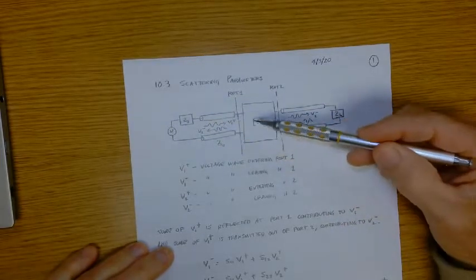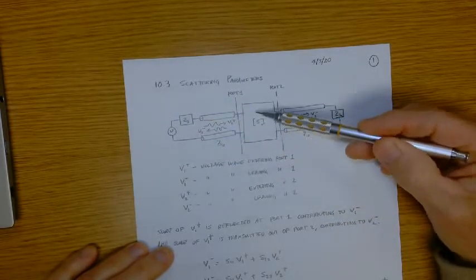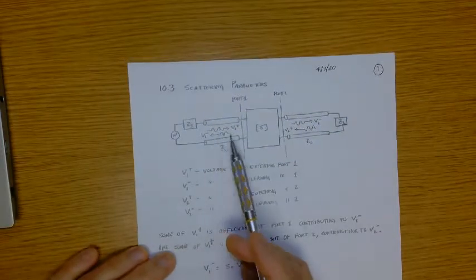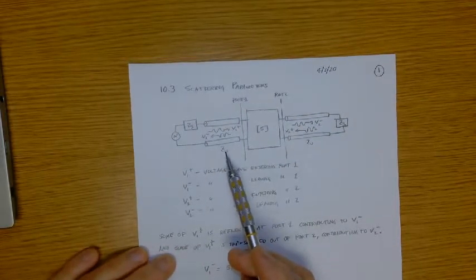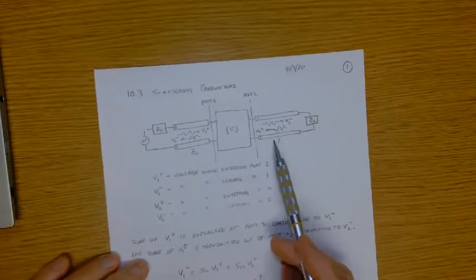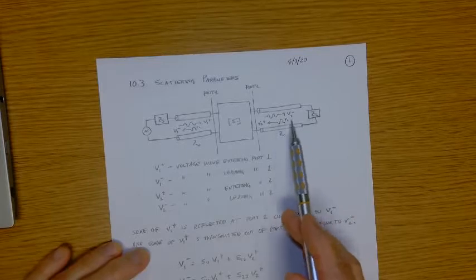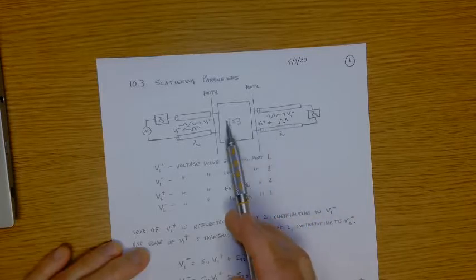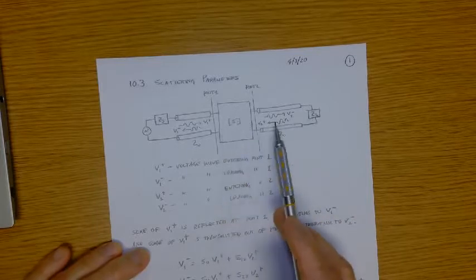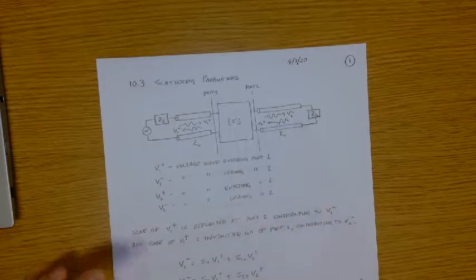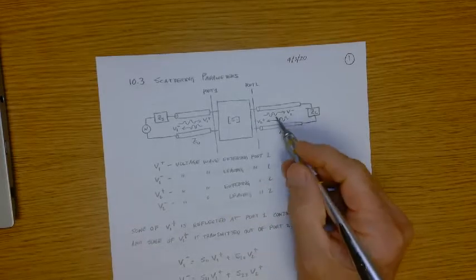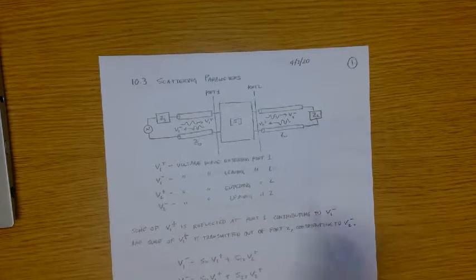The source is connected to the microwave network via a transmission line of some characteristic impedance Z naught. And then similarly on this side, there's a load, and that load is connected to the microwave device through some transmission line with characteristic impedance Z naught, right?